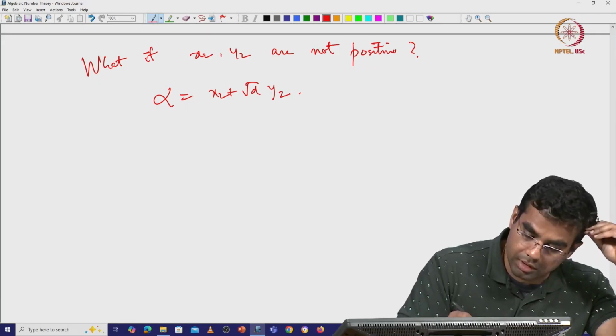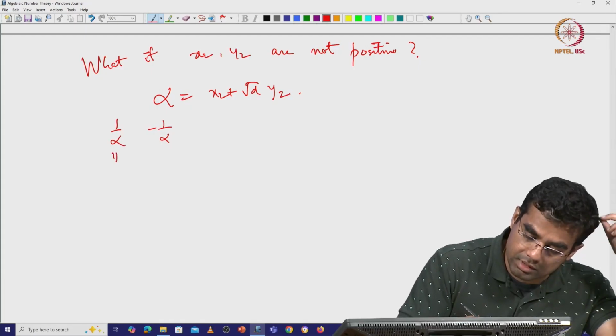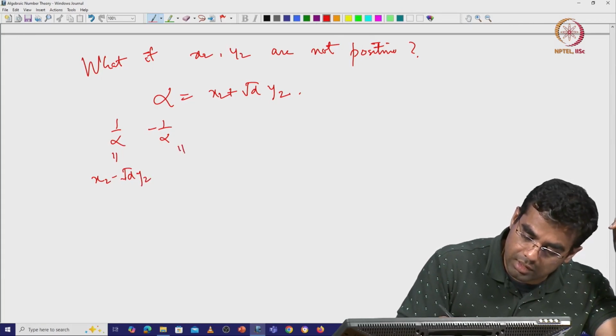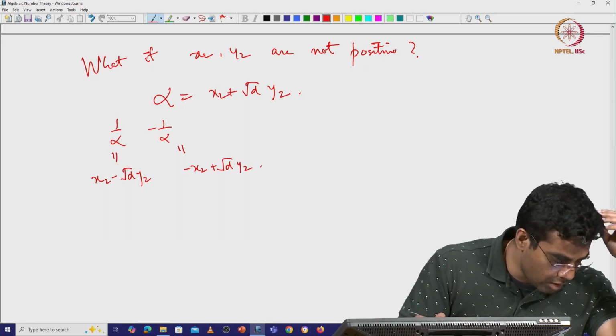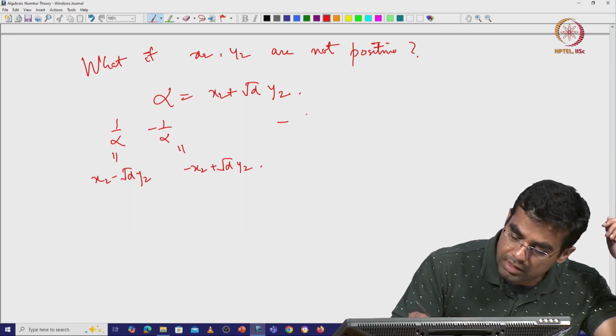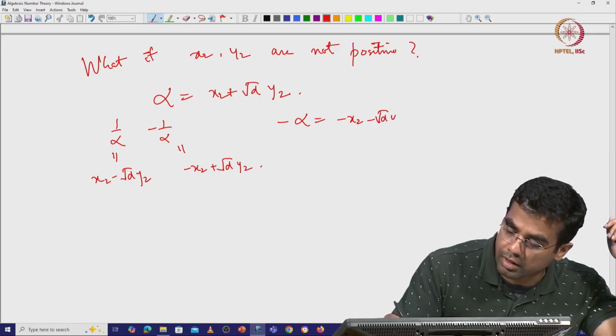You consider minus 1 by alpha, so this is x2 minus square root of d y2, or you consider minus x2 plus square root of d y2, or you can consider minus alpha, which is minus x2 minus square root of d y2.